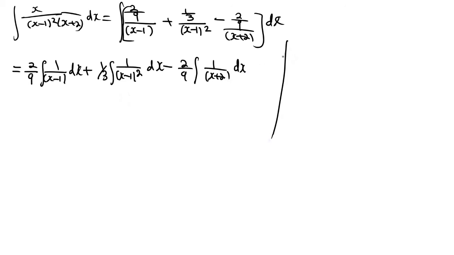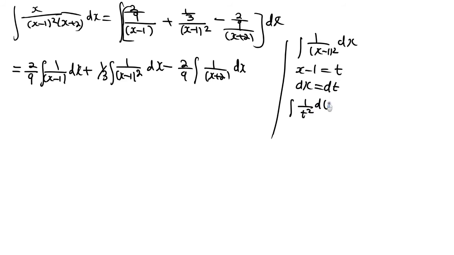Okay, see this one, integration of 1 by (x minus 1) whole square into dx. Put x minus 1 equal to t, then dx is equal to dt. If you substitute, you will get 1 by t square into dt. You can write it as integration of t to the power minus 2 into dt.